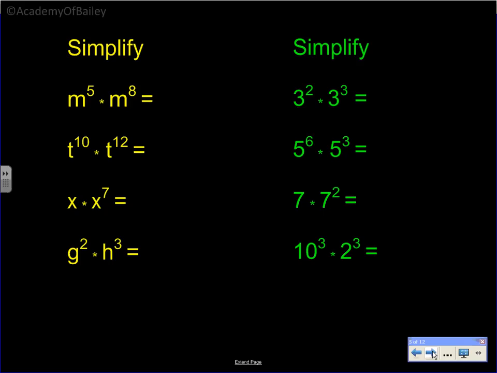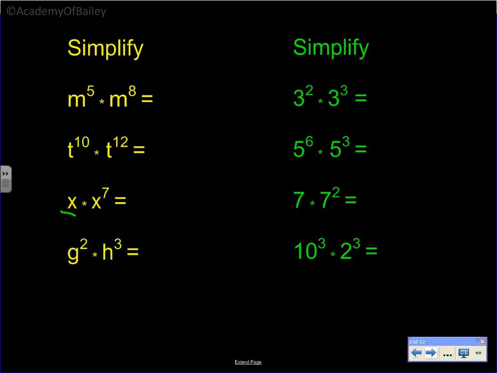Here's a few examples. I want you to try and work those out. The third example down, it just says x times x to the 7th. You have to remember what power is with the left x. If you don't see a power, it is there. So think about that. If you don't know, listen to my explanation.